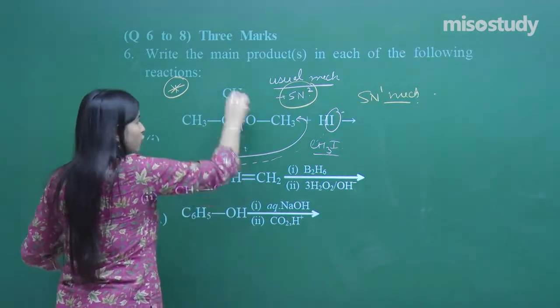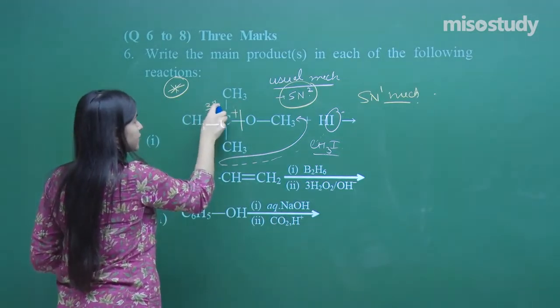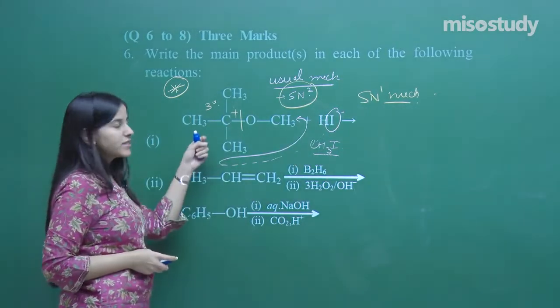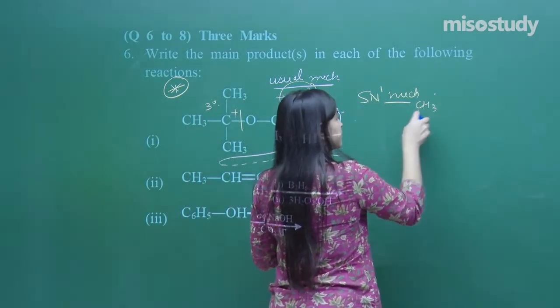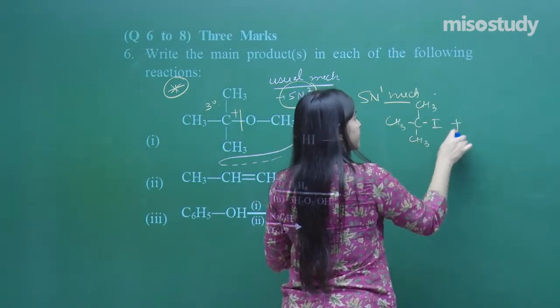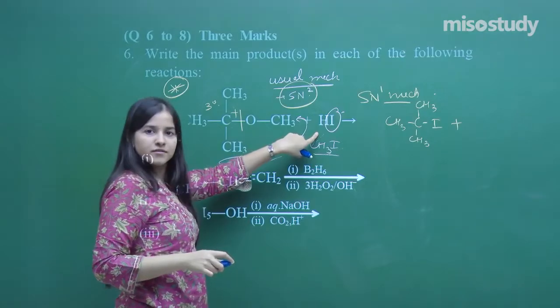And since I have got this breakage here, a positive charge will be developed here. This is a tertiary carbocation, and thereby I negative is definitely going to attach towards this side, and I get this as the product, tertiary butyl iodide plus the remaining one, CH3OH. Fine?